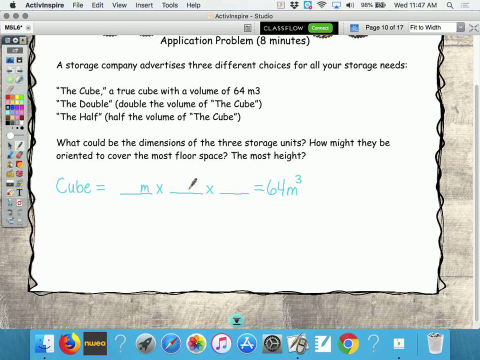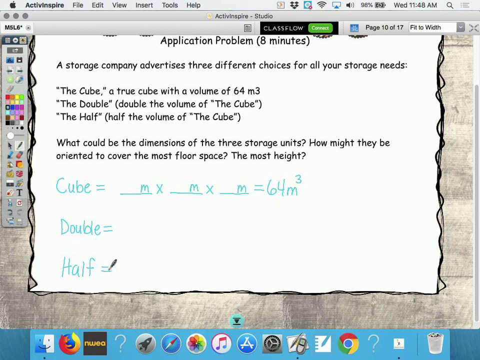So the next one is called the double. And it's double the volume of the cube. And the last one's called the half. It's half the volume of the cube.